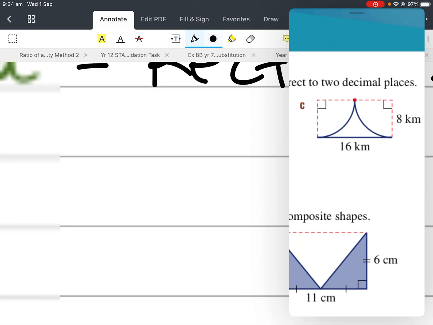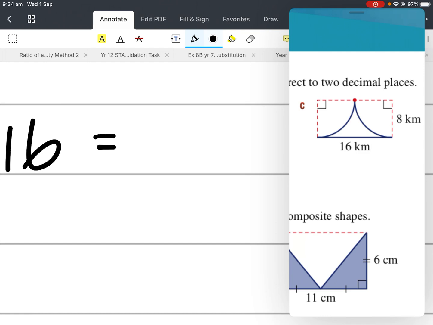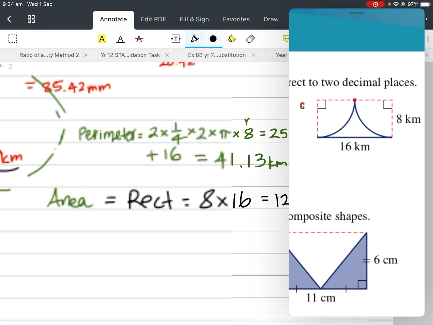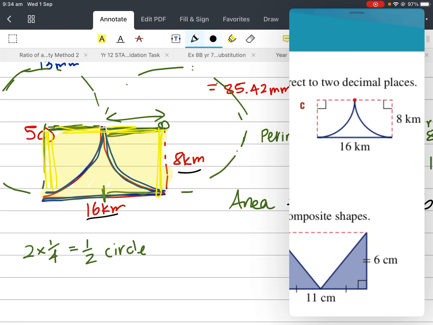Sorry about that. I'm just trying to move my page over. 8 times 16 is, I think that's 128. My calculator's working a bit weird. Kilometres squared. All right. So does that make sense? So let's work out, first of all, that rectangle.